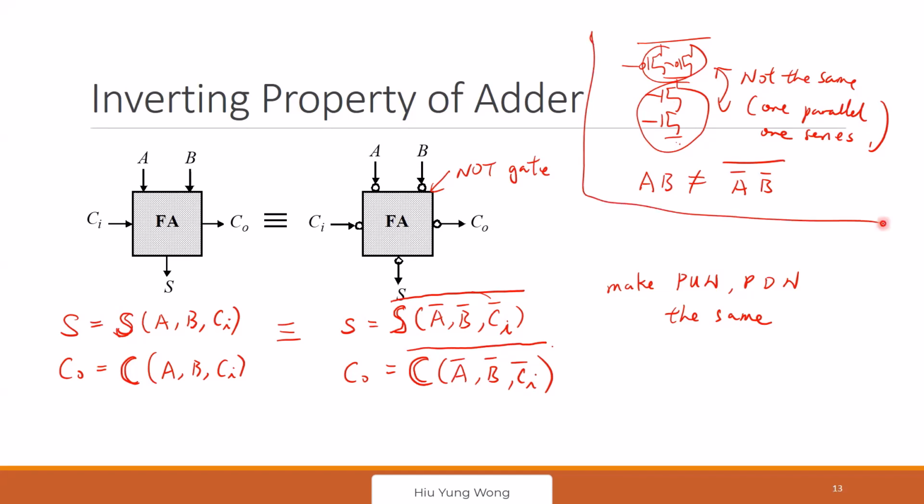But if I have a function where I take the log of ABC and then take the log on the top, then I can implement the pull up and pull down network with exactly the same topology. And that also will simplify the circuit in some cases. Is that okay? Okay, just remember what I said, and then you will see it later.